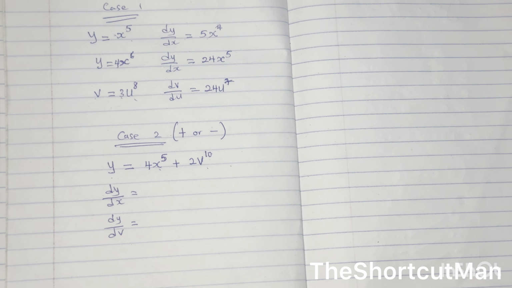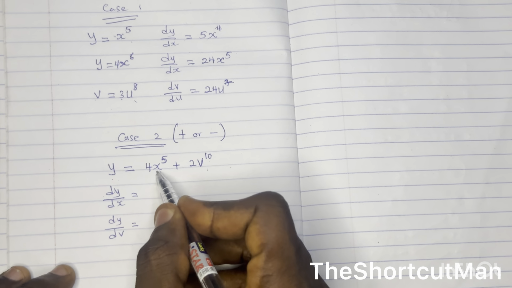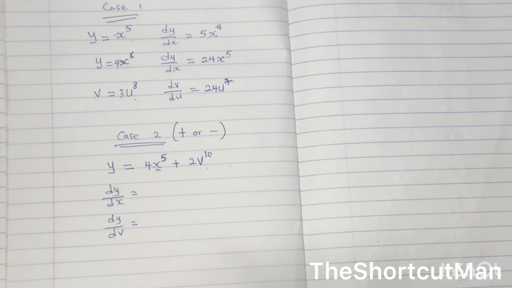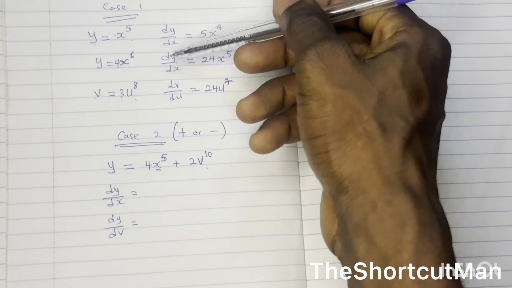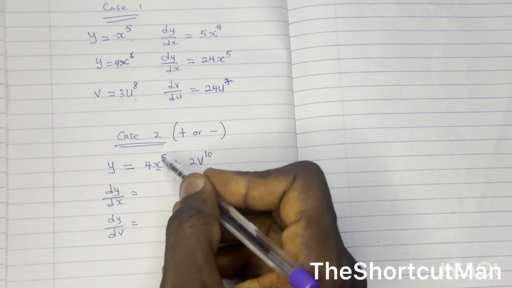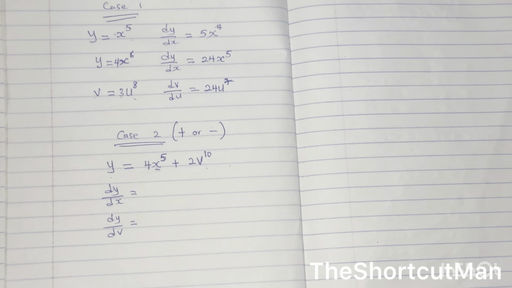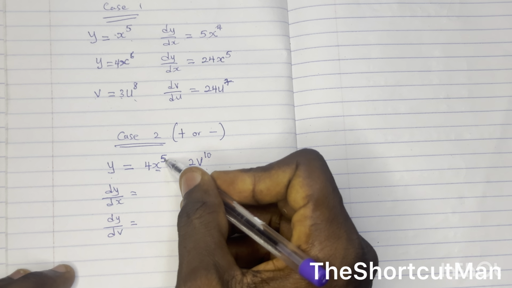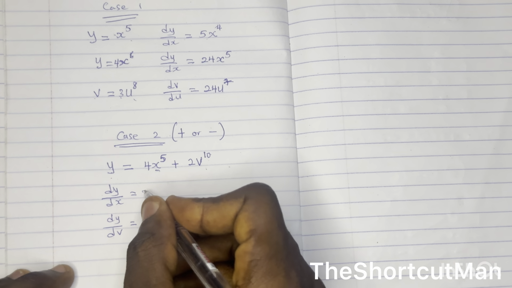Now let's solve the first question, dy/dx. Don't forget that your target is x. There's nothing concerned with this v, so focus on your target, which is x. Let's use the normal way: the power multiplied by the coefficient, then subtract 1 from the power. The power here is 5, so 5 times 4 is 20.